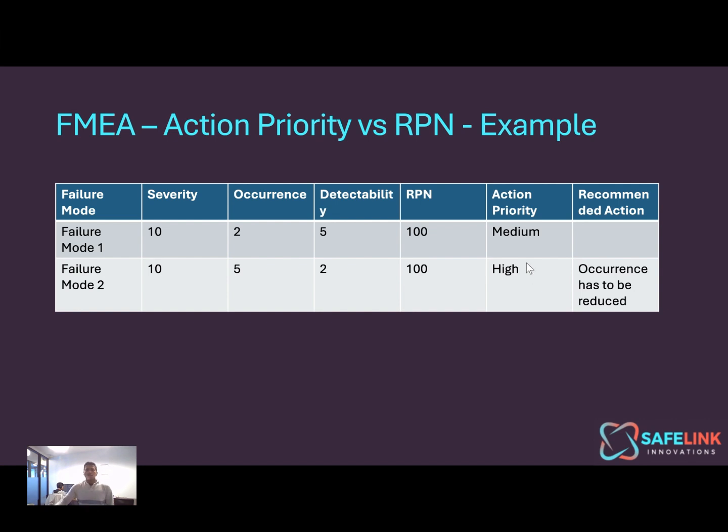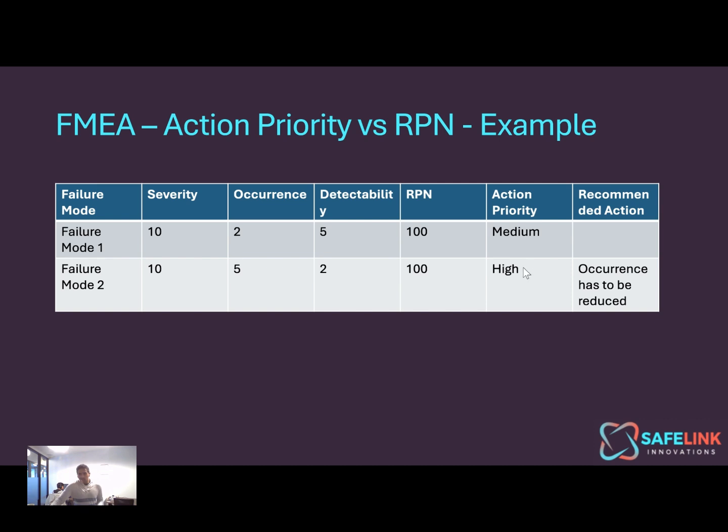Now, if we were using an RPN method, we would see both these failure modes are 100, and we would treat both of them with equally high risks or medium risks, or probably not do anything about it. But if we use the action priority method, we'd see that failure mode 2 has a higher priority than failure mode 1.